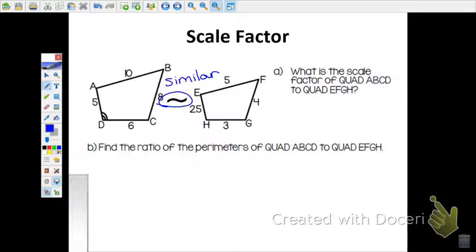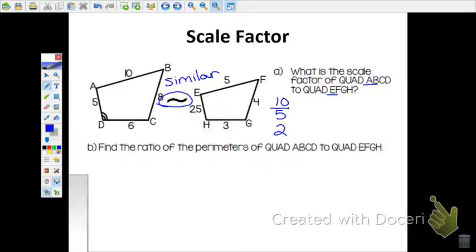So again, it's important to find those matching pieces. If I look at AB, which is 10, and that matches up with EF, which is 5, 10 over 5 simplifies to the number 2.